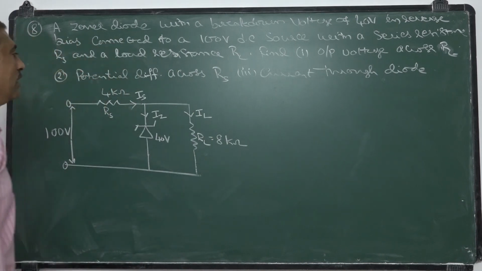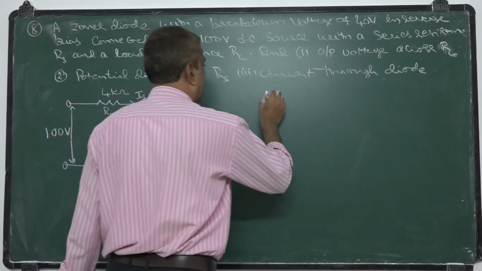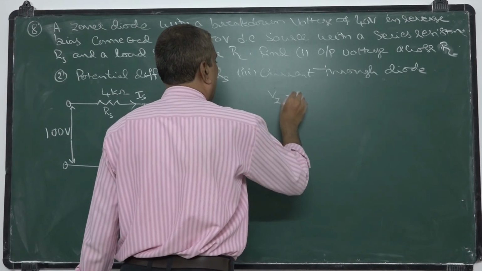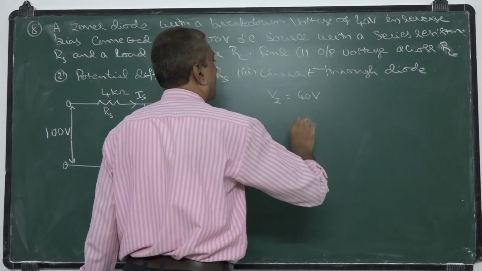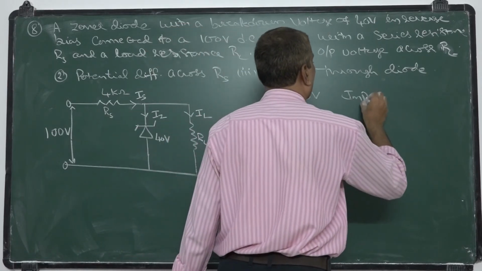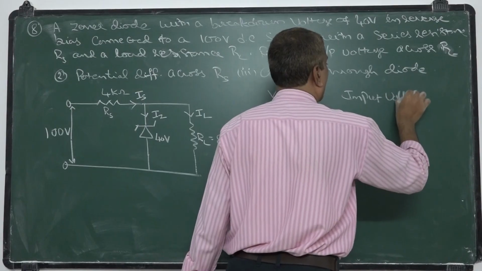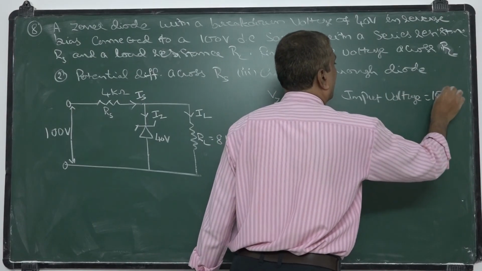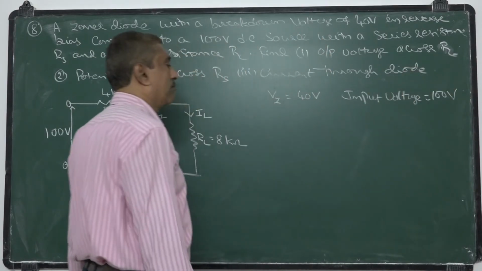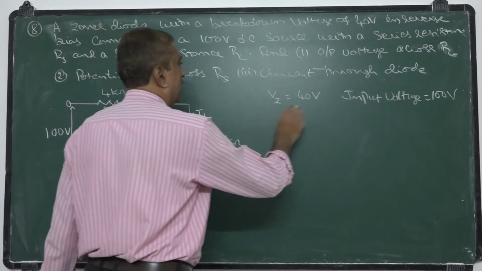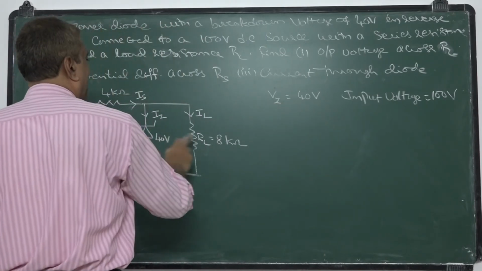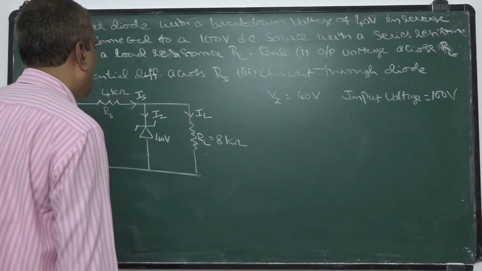Okay. Now breakdown voltage Vz is equal to 40 volt given, and the input voltage is 100 volt. And RS and RL is given as 4K and 8K. Okay.